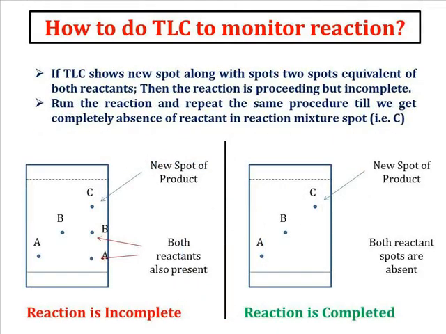You will get spots like I have shown in the figure. If a new spot is generated for the reaction mass besides the spots equivalent to the reactants, then the reaction is proceeding. If both reactant spots are also present, then the reaction is not completed. We have to continue the reaction, but the reaction is proceeding.